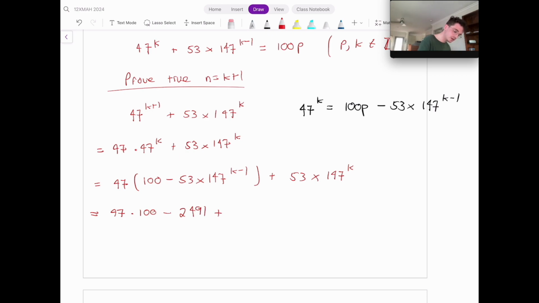2,491 plus 53 times, well, if we take out 147, well, this is going to be 147 to the k minus 1. Using our index laws, if we then added them back together, you're just going to get k. K minus 1 plus k is k. So let's figure out what, so we've got 47 times 100p minus, oh, I forgot the 147 to the k minus 1 there.